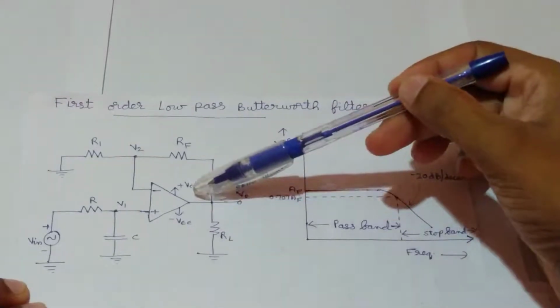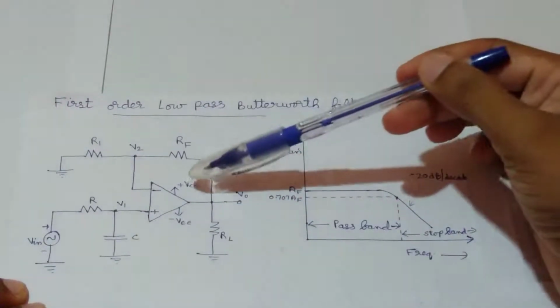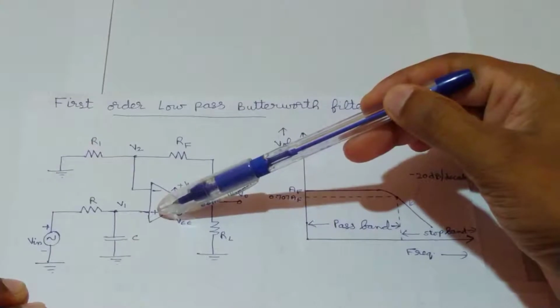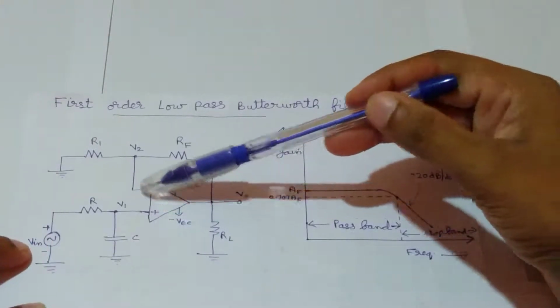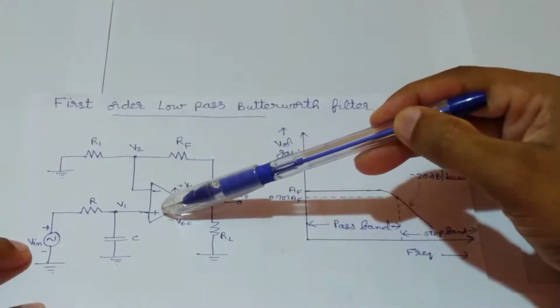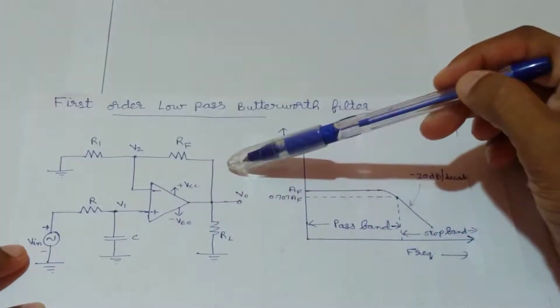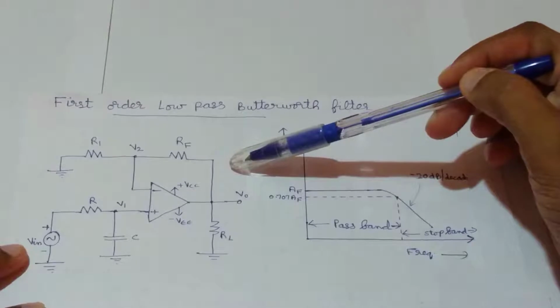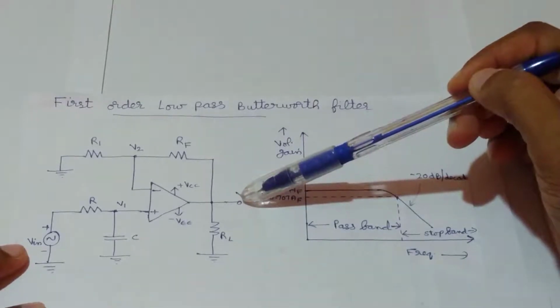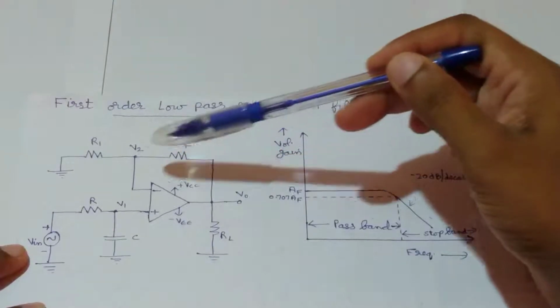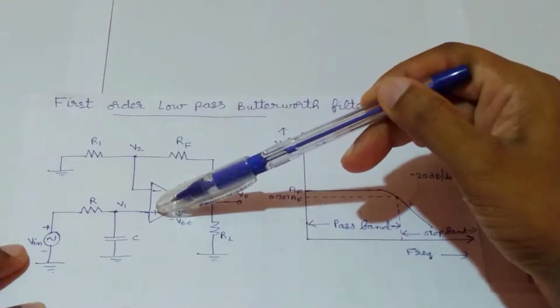We can see this first order low pass Butterworth filter is configured in non-inverting configuration. That means the input signal is actually applied to the non-inverting terminal. And we know for a non-inverting amplifier, its output is equal to the gain times the voltage at the non-inverting terminal.